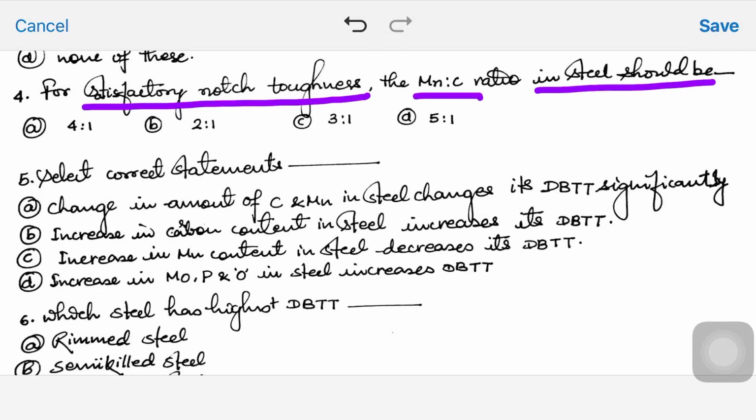So if you want satisfactory notch toughness, then of course the manganese concentration should be higher. So it is around 3:1. All options are higher, but the most suitable is 3:1. So manganese should be 3 parts and carbon should be 1 part. That is the correct answer for this.